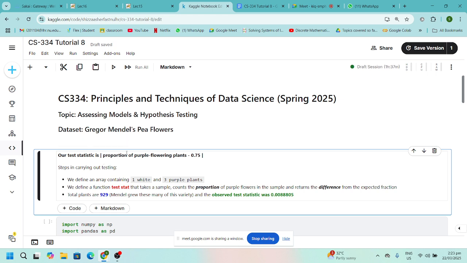So if I take the difference of the proportion of purple flowering plants from 75%, which is the proportion that I would have expected based on Mendel's model, then this test statistic would have a higher value. The difference would be higher the further that I deviate from this model, and it would be lower if I am close to it. And if it is lower, it means that I can support this model.